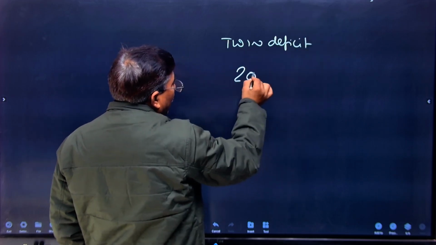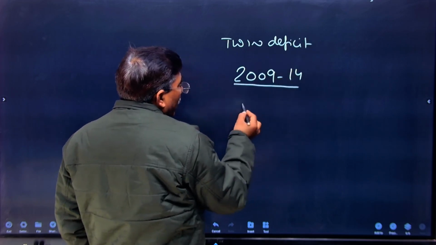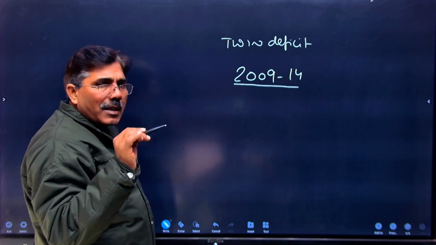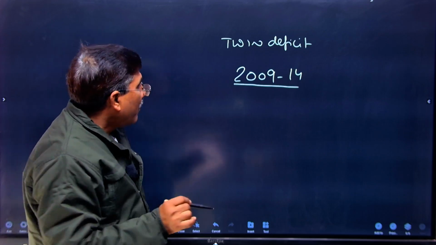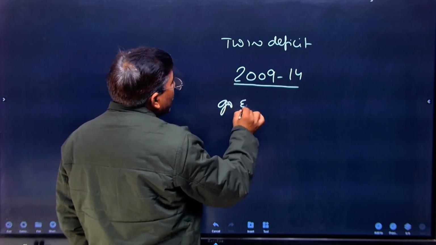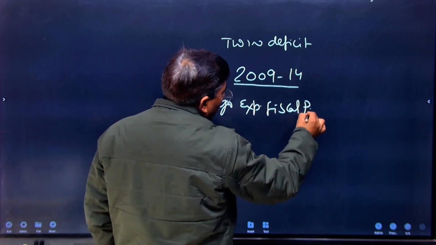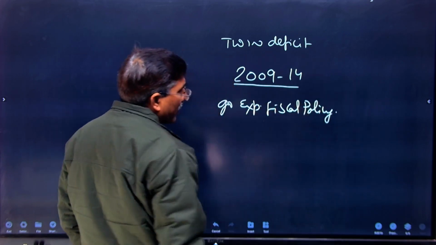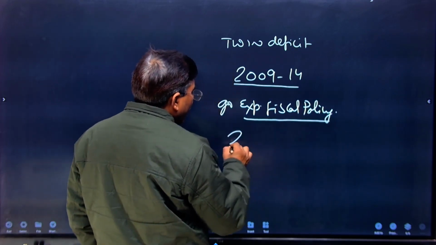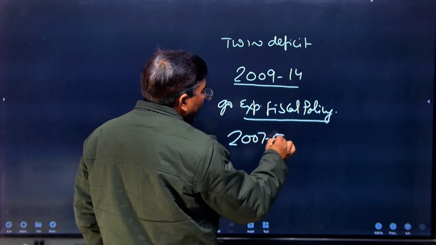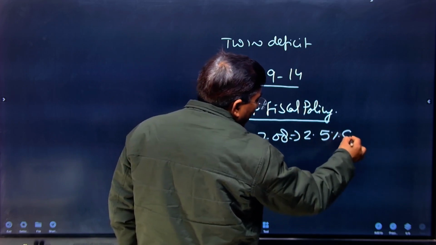As you know, when the twin deficit problem is occurring in our economy, if you go through the data for the time period 2009 to 14, after the subprime crisis of the USA in September 2008, the government of India followed the expansionary fiscal policy, meaning more public expenditure in comparison to public revenue. In 2007-08, our fiscal deficit was only 2.5% of GDP.